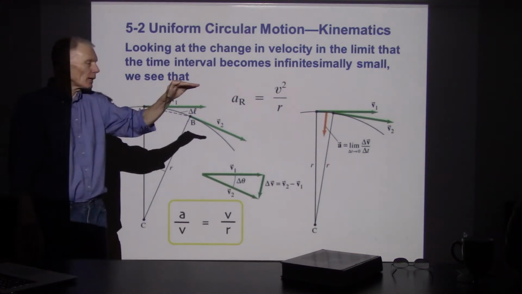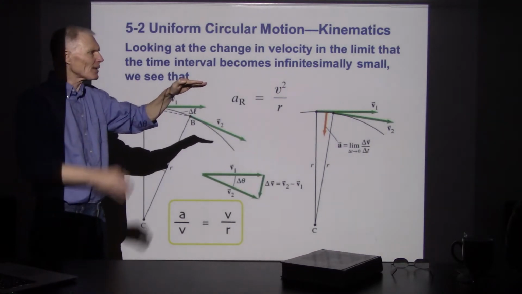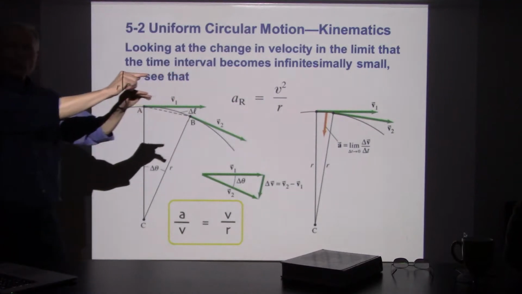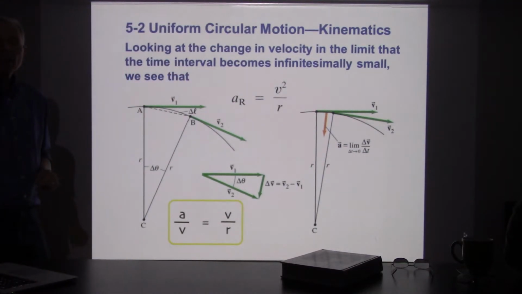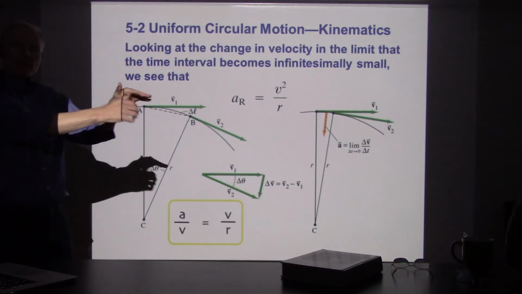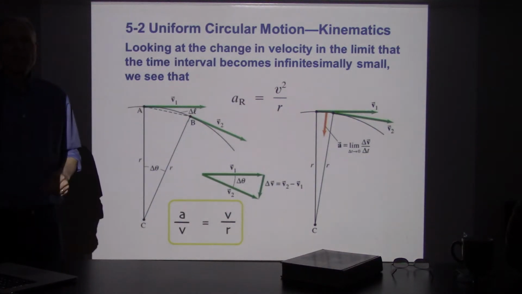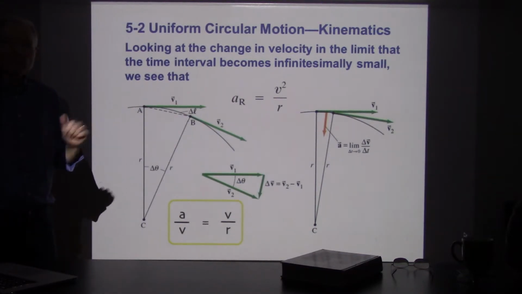And so I've got a velocity right at that instant pointing forward. If the acceleration were forward, I would be speeding up. Well, I'm not speeding up. What if the acceleration were backwards? Well, that would tell me I'm slowing down. I'm not slowing down. I'm changing the direction. The direction is what's changing, not the speed.